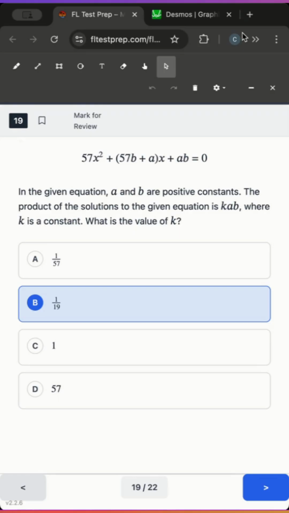So whenever they're asking you, hey, what is the product of these solutions, there's a trick here. If you do C over A, this equals the product of the solutions.